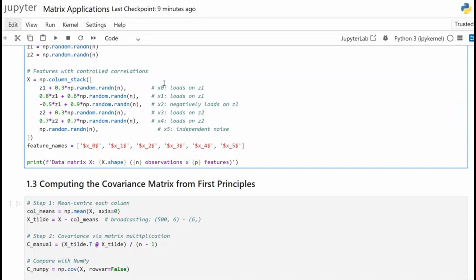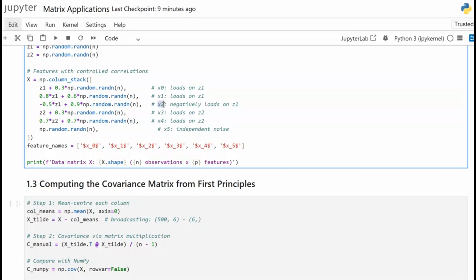Kindly observe here we have specified x0. This strongly depends on Z1 with small noise, so it has high correlation with Z1. Next is x1, which moderately depends on z1. I am specifying moderately or highly by using a constant, so it is still correlated but noisier.